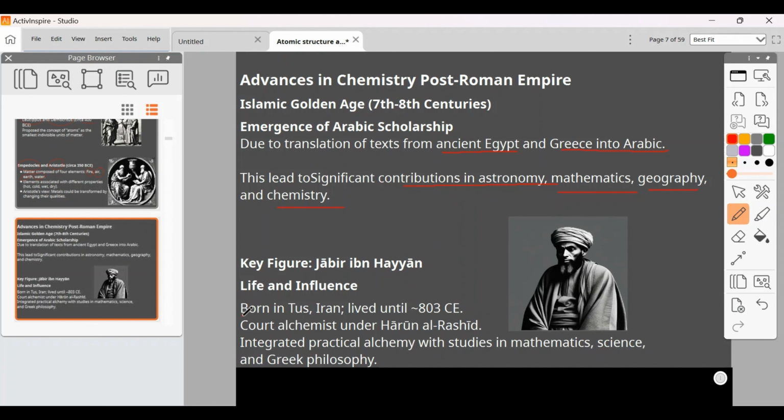He was born in Tus in Iran and lived until 803 CE. He was a court alchemist under a ruler called Harun al-Rashid. He integrated practical alchemy with the studies in mathematics, science, and Greek philosophy.